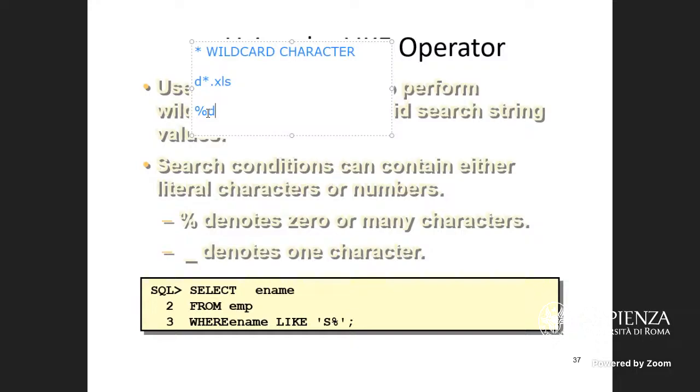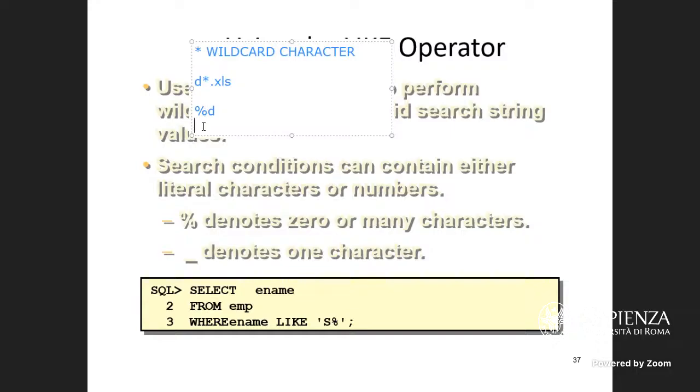There can be no character in front of D. And it's also possible that there are many characters in front of D. That's what that is telling us. There is a possibility there is no character, and there is a possibility there are many characters.